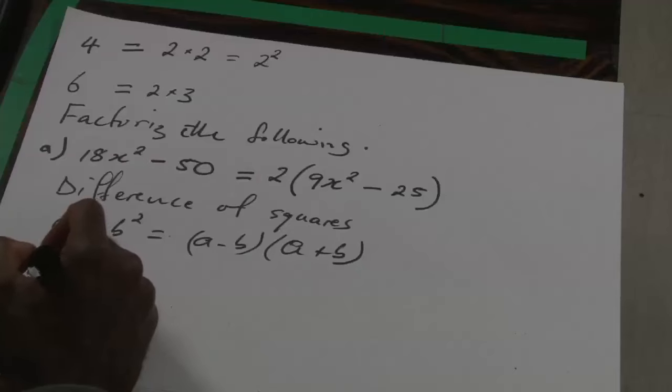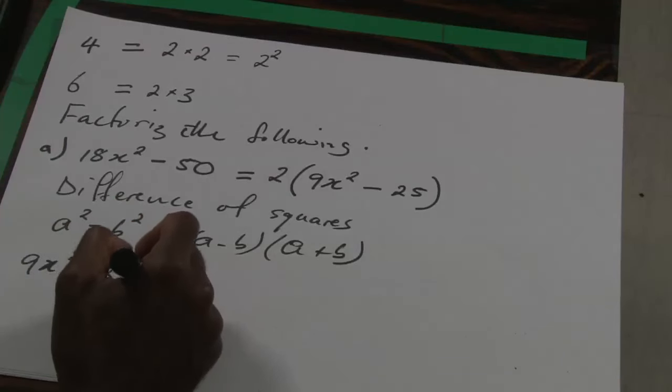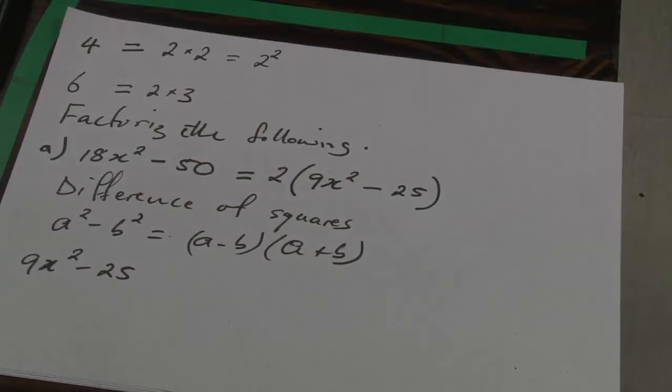So in our case, for 9x squared minus 25, I'll just look at 9x squared minus 25 for now, and then we can bring it all together in the end. What you realize is that 9 is a square because it's 3 squared. 9 is a square of 3.